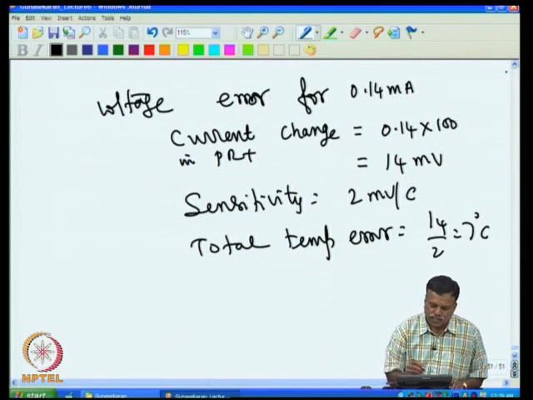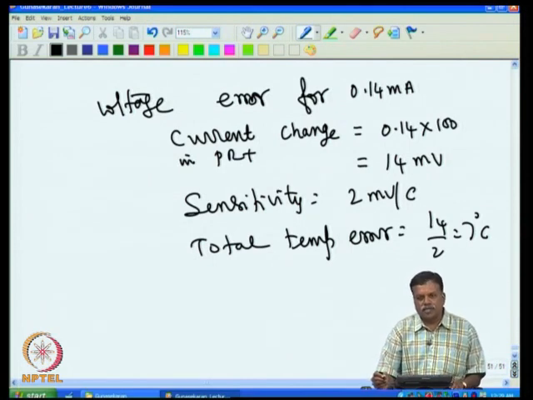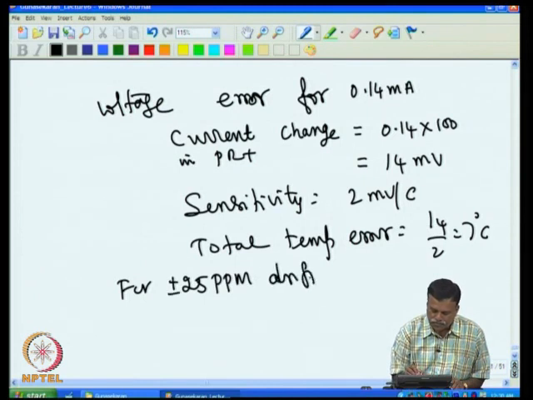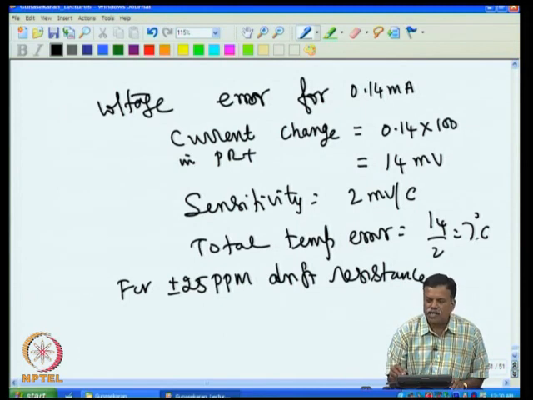For example, instead of 300 ppm, if I go for a resistance with lower drift, for example 25 ppm, then the error will come down appreciably, because 25 ppm and 300 ppm differ by a factor of 12. So the error will also come down by 12 times. That means the error will come to roughly 0.5 degree if I use a 25 ppm resistance.